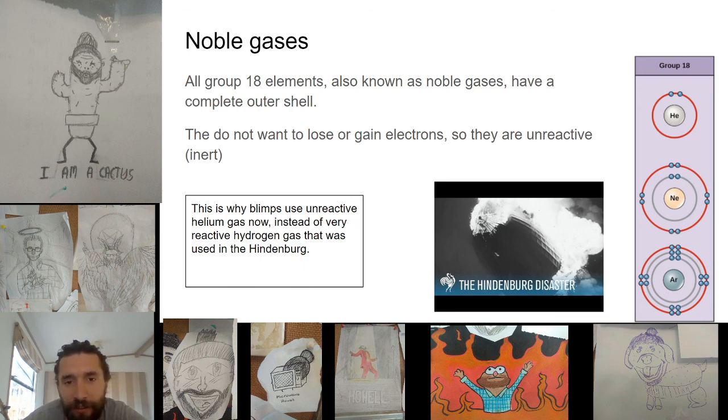What they use now instead of hydrogen in these airships is helium. It's the second element in the periodic table, so it's still very light enough to lift up the airship, but it's not reactive at all. So you can't light it on fire, it's not going to burn, it's completely safe to use.